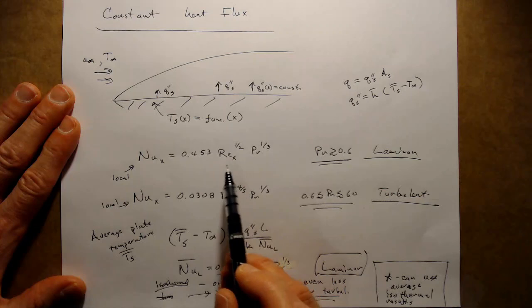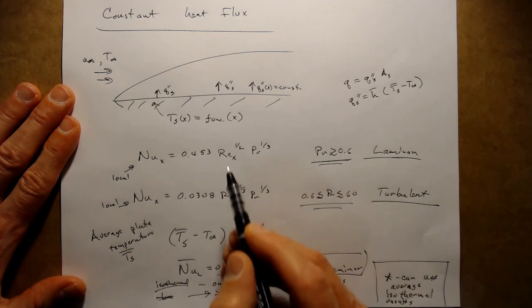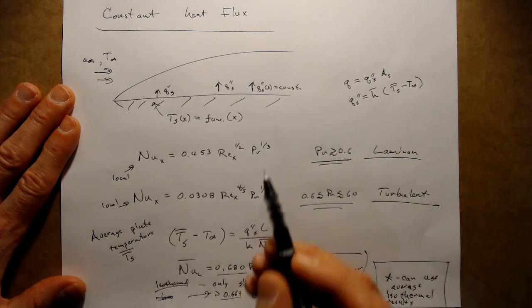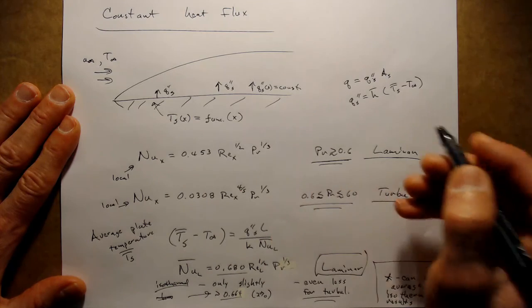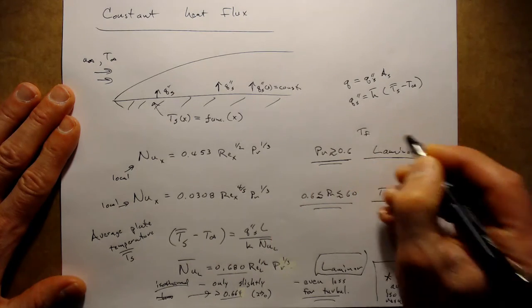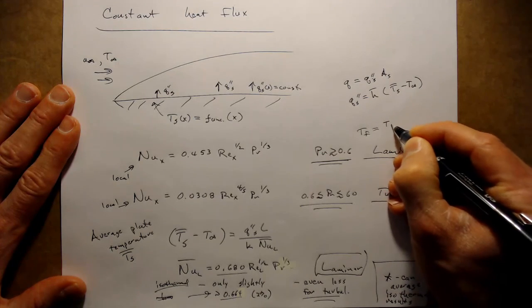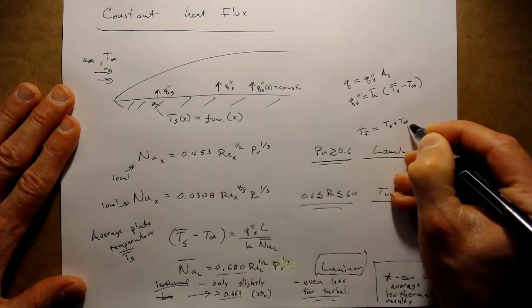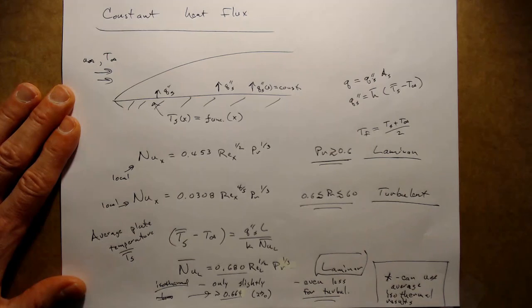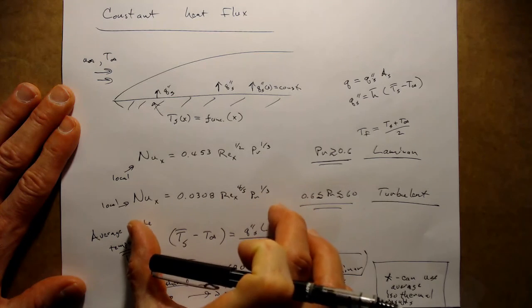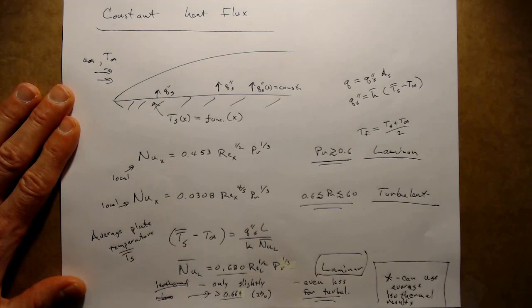We need to pay attention to at what temperature the fluid properties need to be evaluated. For all of these correlations we've dealt with so far, that's going to be the average between the surface temperature and free stream temperature.